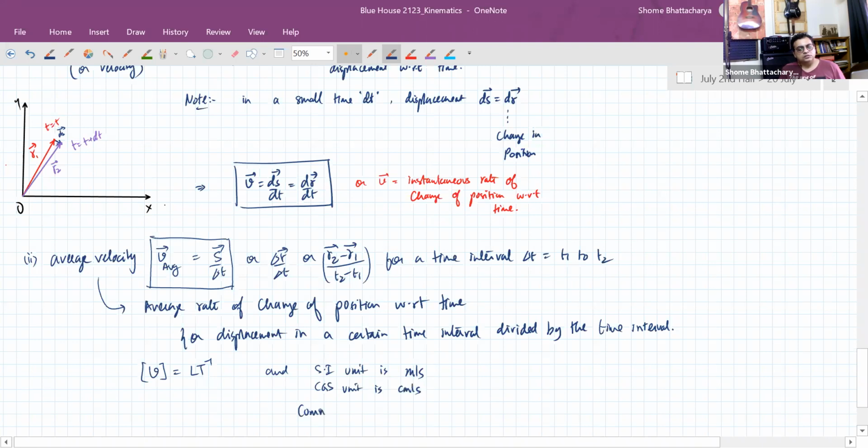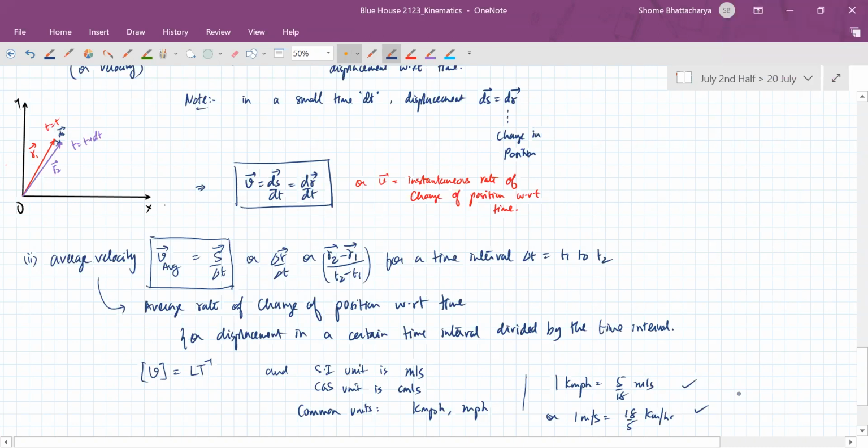Common units are kilometers per hour, miles per hour, etc. One thing you should remember is the conversion: 1 kilometer per hour is 5 by 18 meters per second, or 1 meter per second is equal to 18 by 5 kilometers per hour. Remember this while doing questions, because you might have to interchange the units.